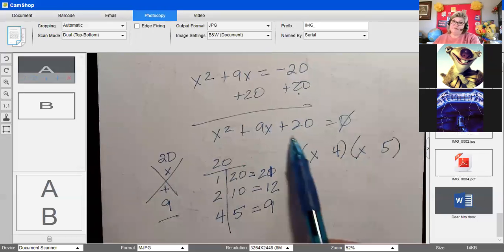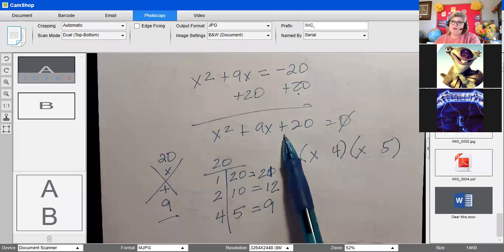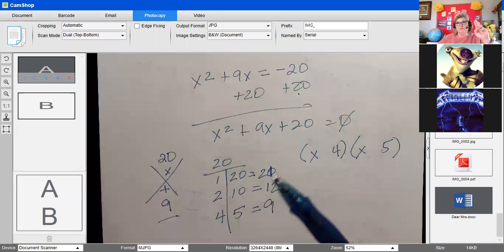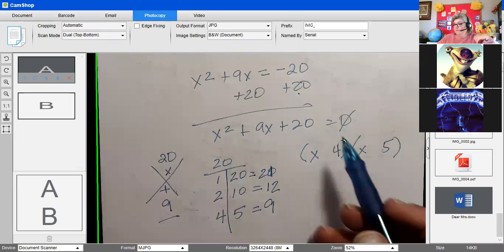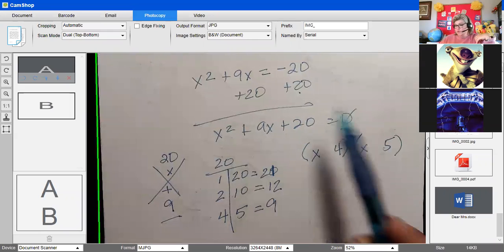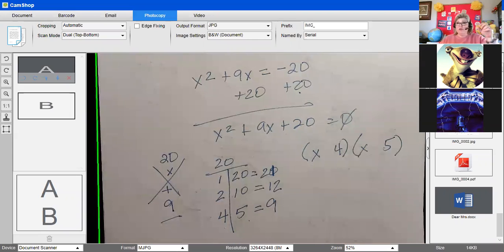This is a positive 20. How do we get a positive number? By multiplying 2 positives and 2 what? Negatives. Yeah, and this is a positive 9. So do we want that 4 and 5 to be, we know they have to either be both positive or both negative. Which one?